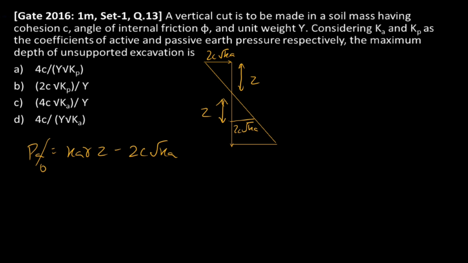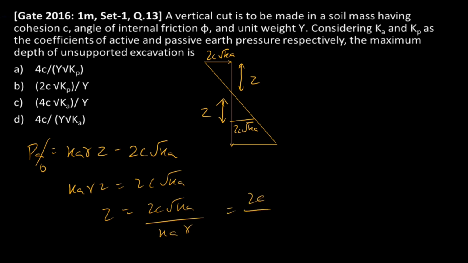If the earth pressure is equal to 0, then Ka gamma Z will be equal to 2C root Ka. Therefore, Z will be equal to 2C root Ka divided by Ka gamma, which gives you 2C by gamma root Ka. So, that is the value of Z.